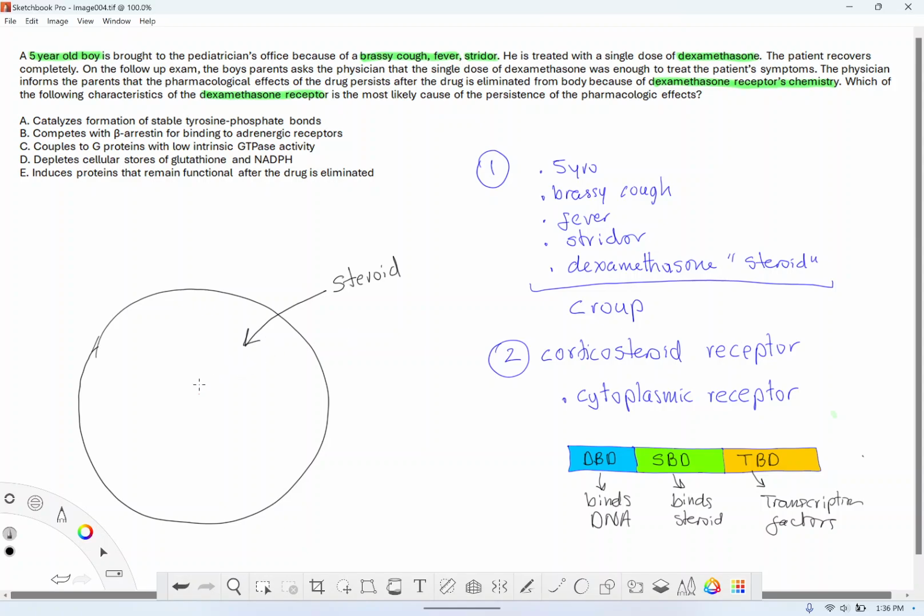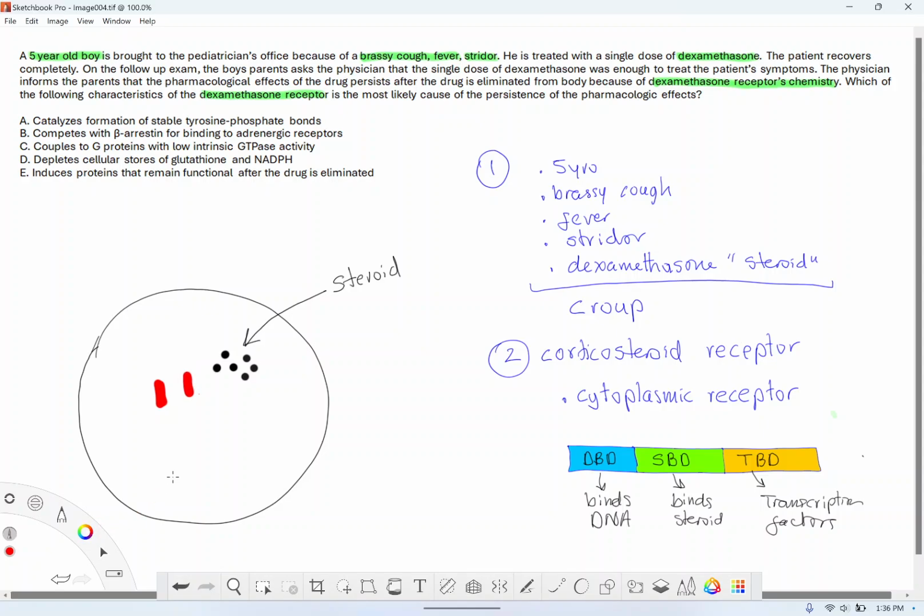And there, the steroid hormones go into the cell, and there they will find their receptors, and the receptors are, let's use red. This is one steroid receptor, and this is another steroid receptor.